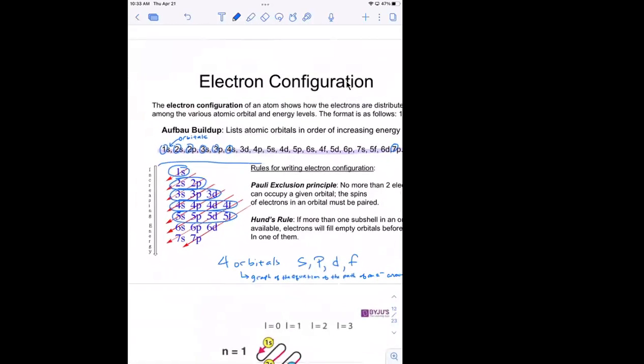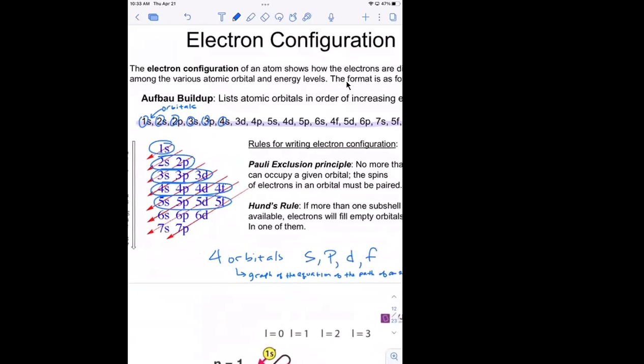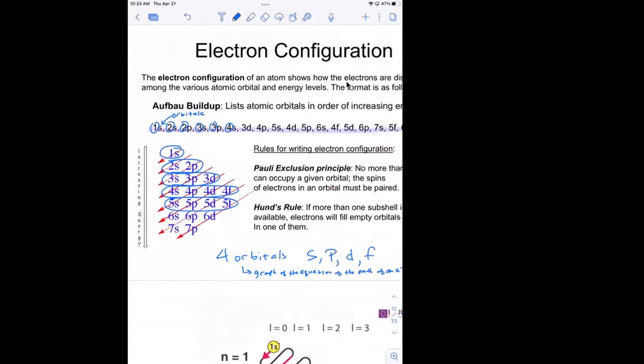I could stack these, like I have them stacked here with the red arrows going through them. It's a little bit easier to think about when they're stacked on top of each other. Now you can see I have 7 energy levels: the first is 1s, the second is 2s and 2p, the third is 3s, 3p, 3d.